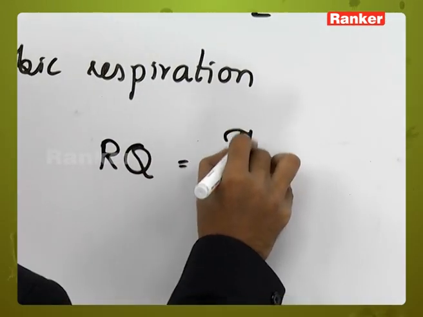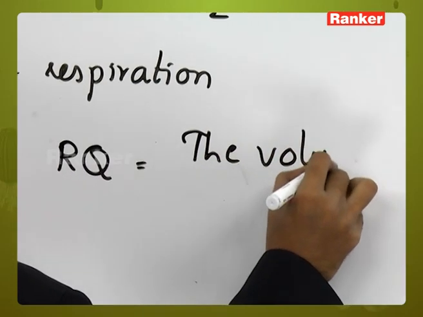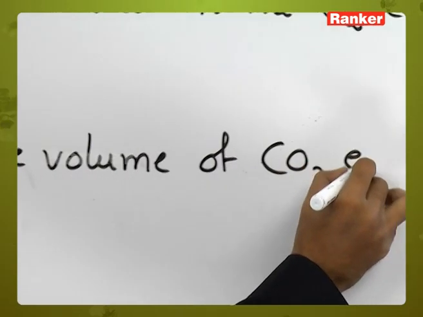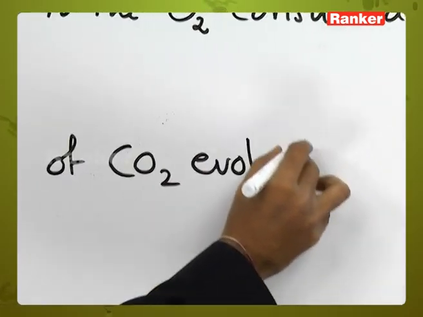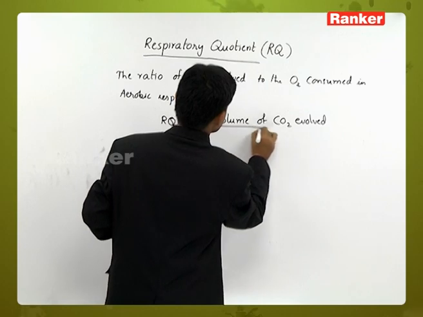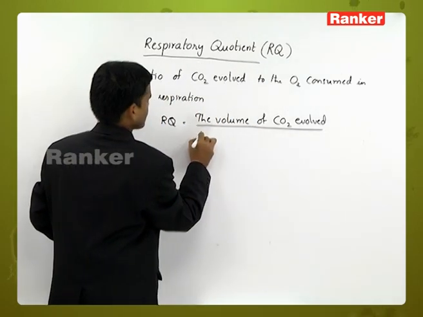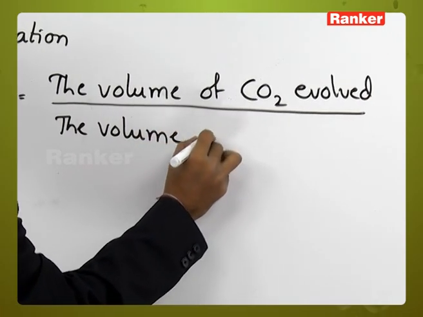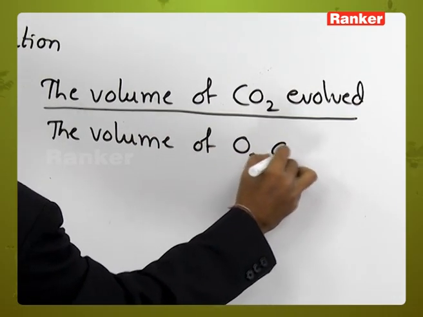So RQ is the volume of CO2 evolved during aerobic respiration divided by the volume of oxygen consumed.